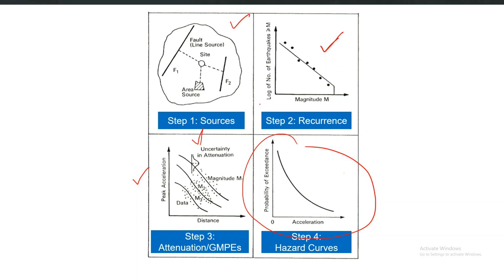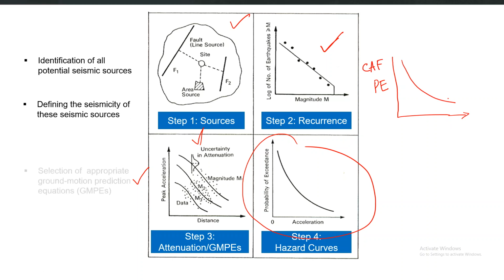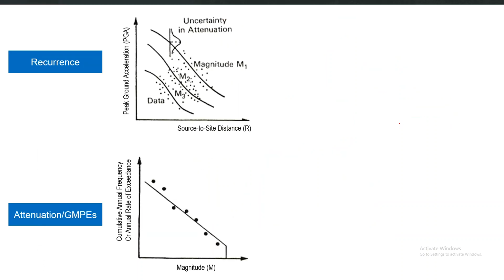We combine the information from step 2 and step 3 to construct the hazard curve of our site. This is a curve which will have the probability of exceedance, or cumulative annual frequency, on the y-axis and the ground motion parameter on the x-axis.